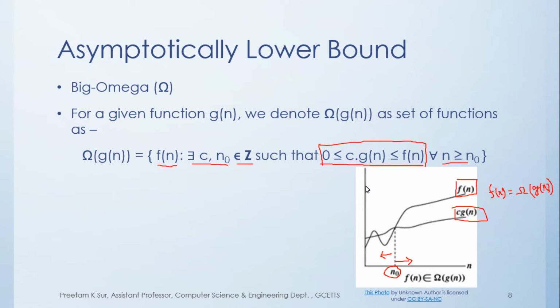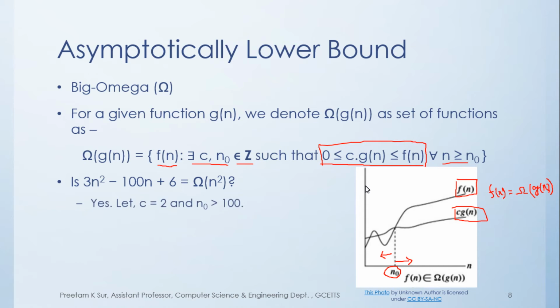If you take the same example again, is 3n squared minus 100n plus 6 omega of n squared? What do you think? Again the same thing: to prove that this is omega of n squared, you have to find the two constants c and n0 for which this holds true.